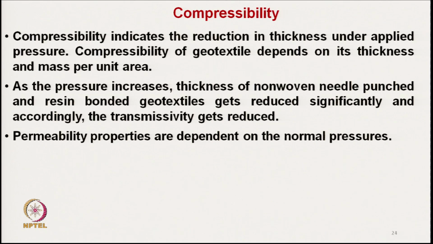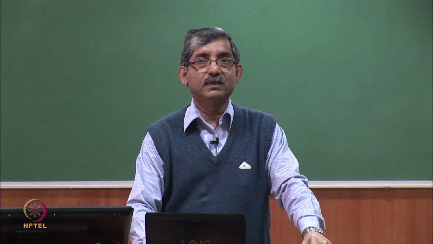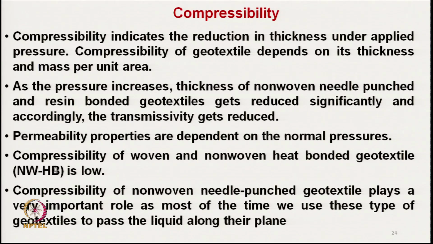Due to higher compressibility, when load is applied, their transmission characteristics get reduced, and the permeability properties are dependent on normal pressure. Higher normal pressure means the structure will get compressed and permeability and transmissibility get reduced. Compressibility of woven and non-woven heat bonded geotextile is low, whereas for needle punch it is very high.